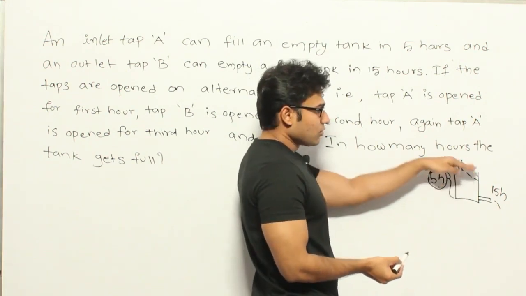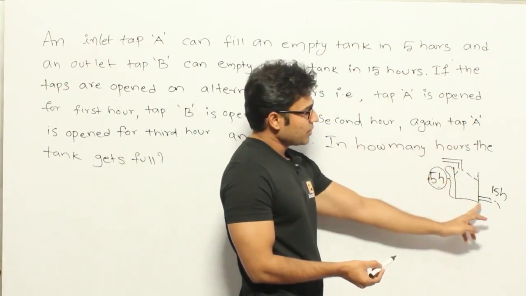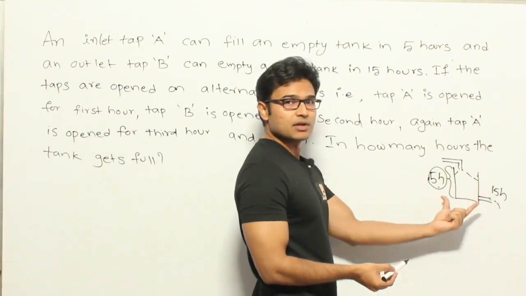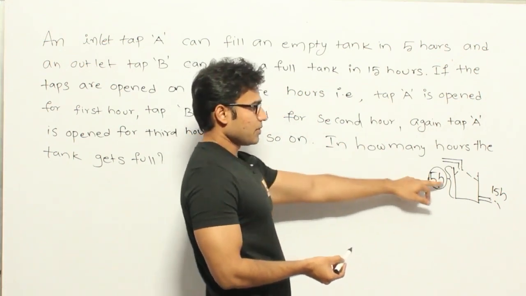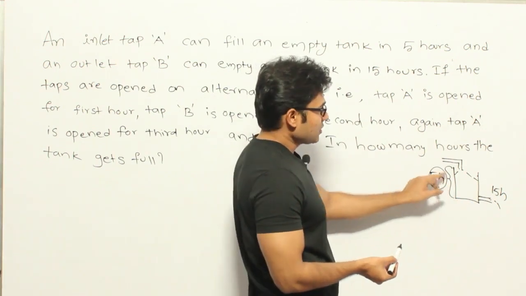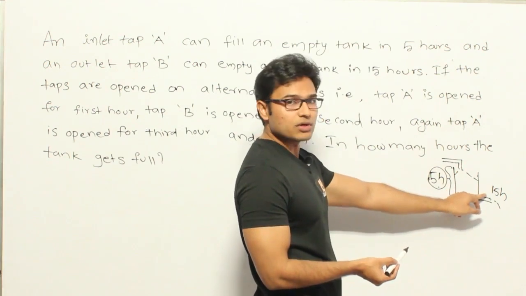And if you close this, let's say the tank is full and there is no inflow, if you open the outflow, it will be able to empty it in 15 hours. That is what is given. Now they are saying that for the first hour we are going to open this, for the second hour we are going to open this, which means for the first hour only the inlet is operating and in the second hour only the outlet is operating.